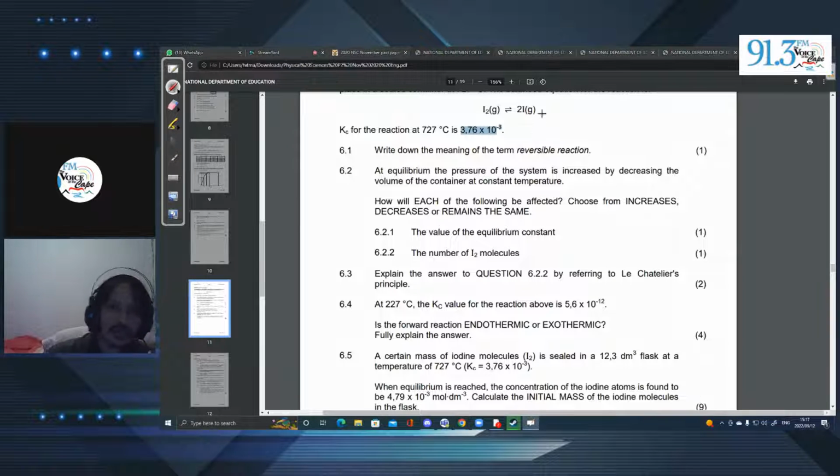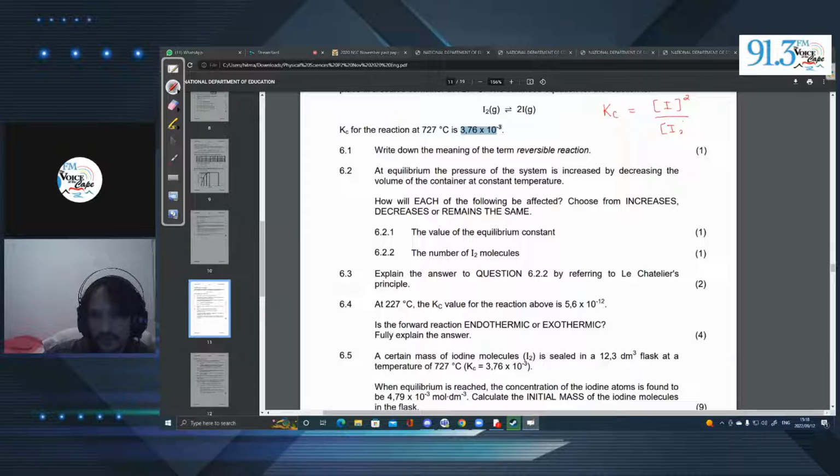If our Kc is decreasing, and we know that our Kc is equal to the change in products over the change in reactants, and specifically in this case, it's I over I2, so we'll actually put that in. So we've got I to the power of 2 over I2.